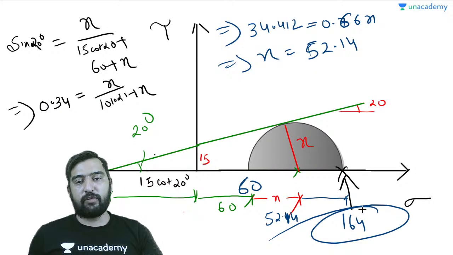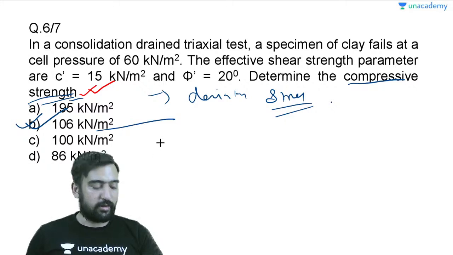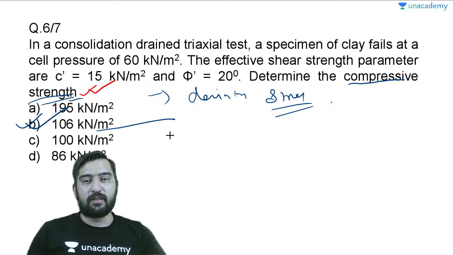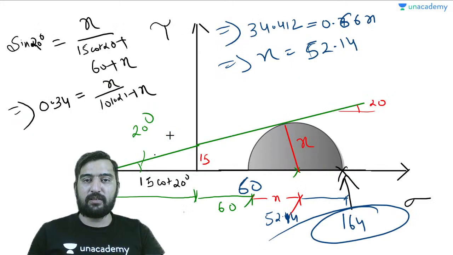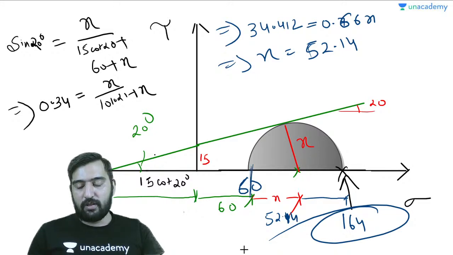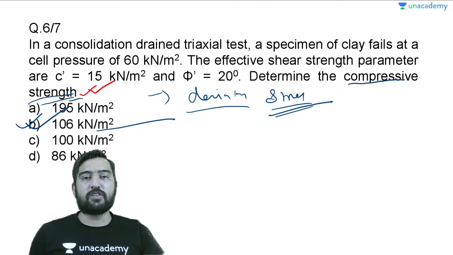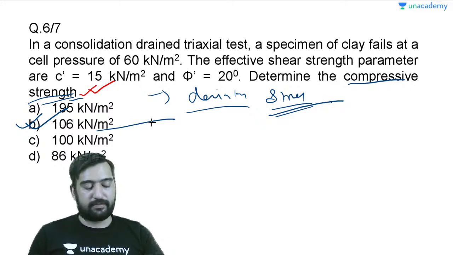Yeah, so in that case 164 minus 60 is going to be 104. So in that case, yes, the nearest answer is 106. Okay, Rupesh, with respect to deviatoric stress, or you can consider it the unconfined compressive strength. So not unconfined, it cannot be unconfined. So for compressive strength, here I am considering that axial value of stress which is in addition to this 60. Okay, so since no option is matching here, I am giving the answer with respect to deviator stress. So deviator stress is going to be 106 here, isn't it?